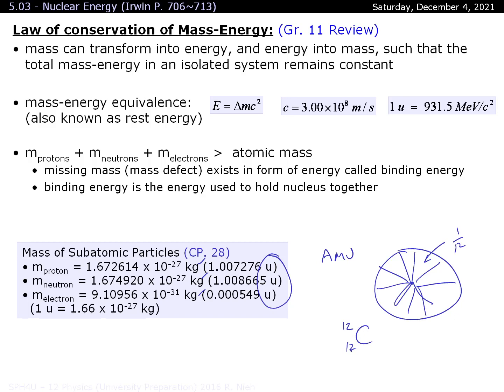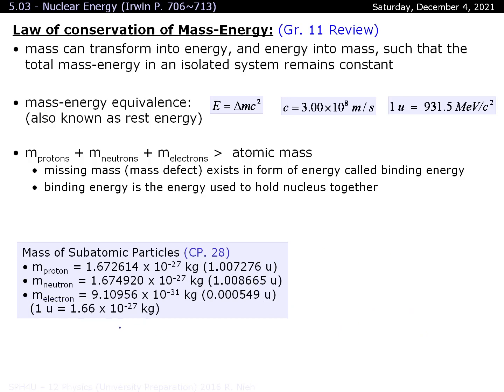You just take one slice of carbon, divide it 12 different ways, and you get the value of 1 AMU. And here is the conversion ratio. So for all these calculations, we're just taking this kilogram equivalent, dividing it by this, and that will give us these decimal numbers.